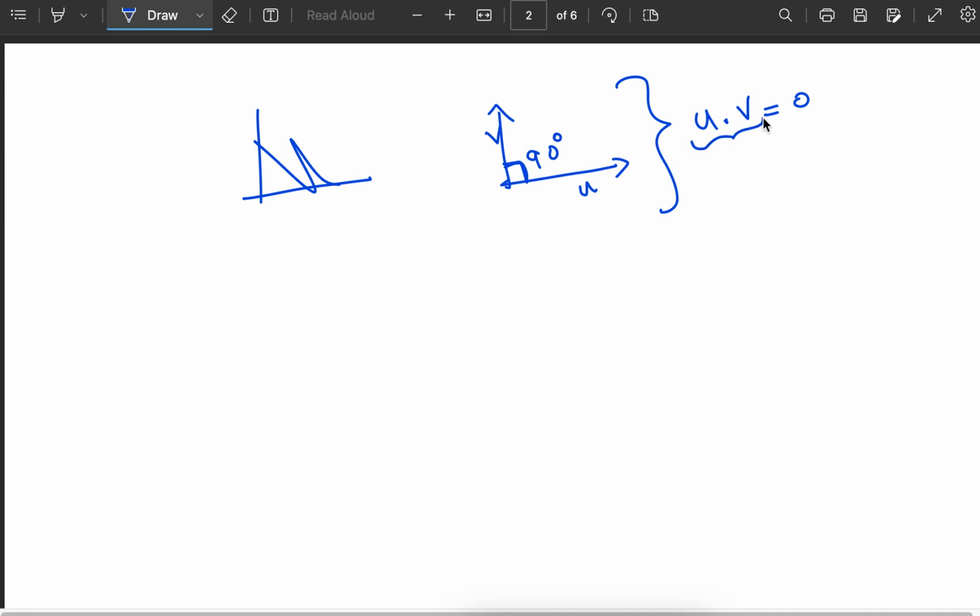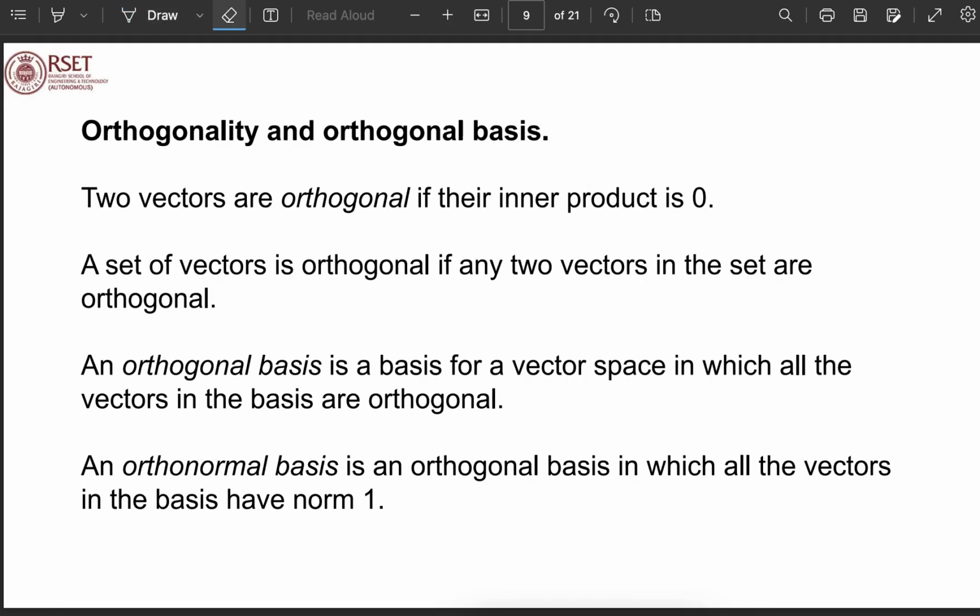As I said, inner product is a generalization of this dot product. So in general, two vectors u and v are orthogonal if inner product uv is equal to 0. That is stated here: two vectors are orthogonal if their inner product is 0.